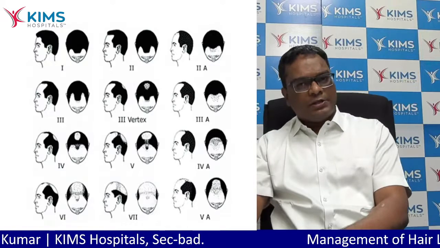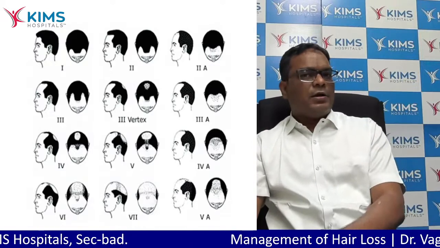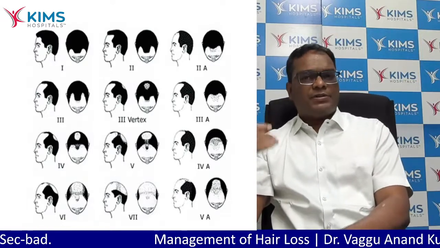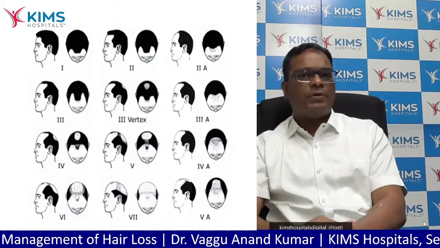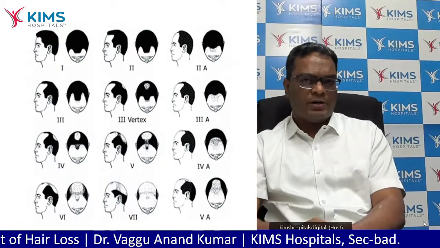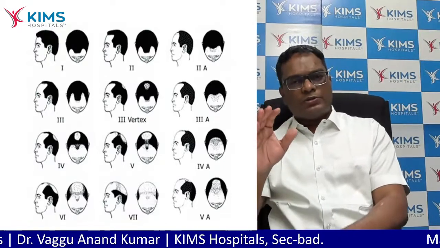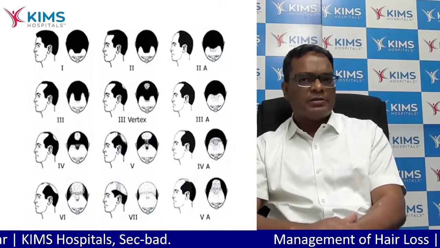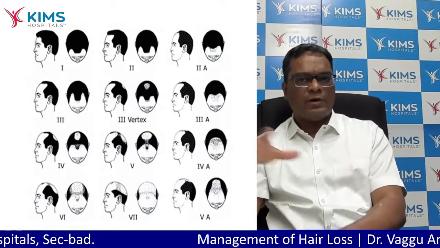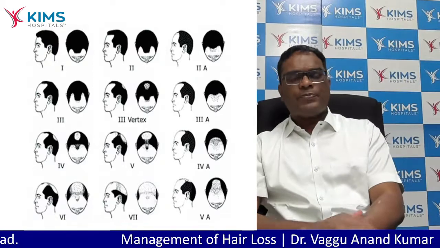And if he is above 18 years, then we will recommend finasteride, topical or oral, depending upon the severity. If beard and mustache growth is good, then we will recommend finasteride. Otherwise, we won't recommend it. We only recommend minoxidil lotion, in men either 5 or 10% daily, used in the morning 1 ml and night 1 ml.